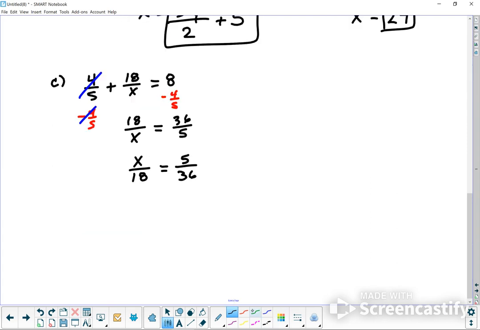Now I can multiply by 18 on both sides. This is going to cancel, and I will have x equals. The 18 and 36 are going to cancel also. 18 goes into 36 twice. So my final answer is 5 over 2.